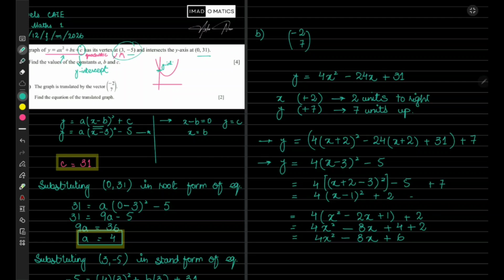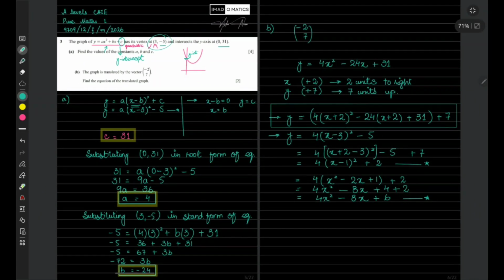These are your two forms of the same equation, or you can use the same standard form, expand this, and you will get the same result. The thing is that you have to add 2 in your x in any form of the equation, and you need to add 7 in the whole equation because it's y plus 7, shifted 7 units up. So this is all about question number 3.